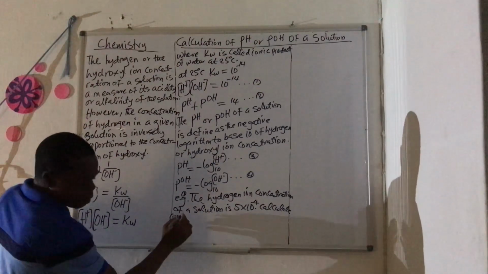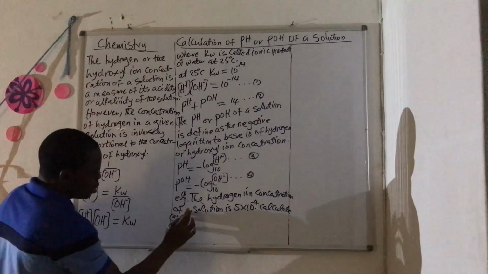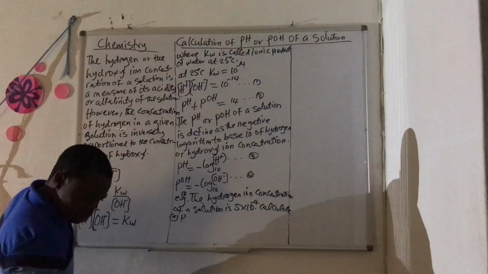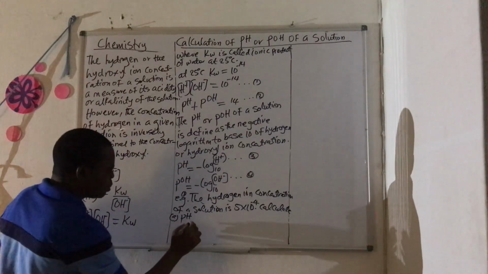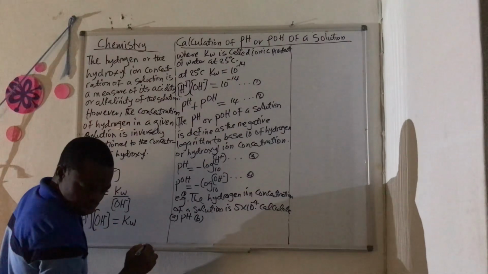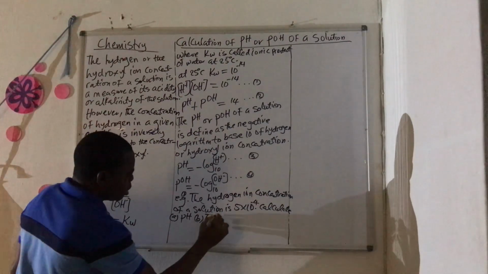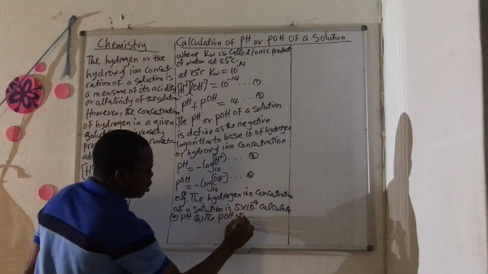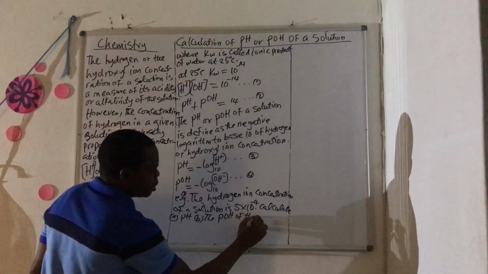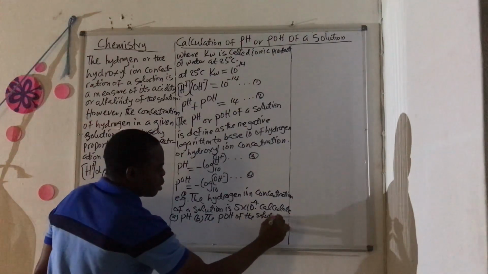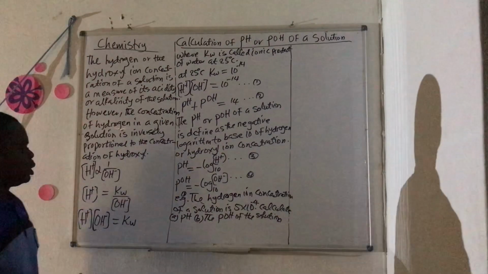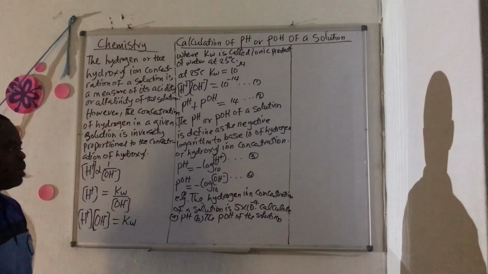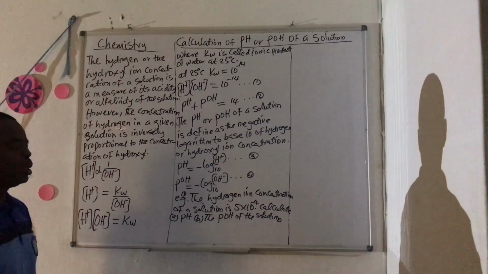Calculate A, the pH of the solution, and question B says calculate the pOH of the solution. So how do we handle this question? The hydrogen ion concentration of a solution is 5 times 10 to the power minus 4. Calculate the pH and the pOH of the solution.